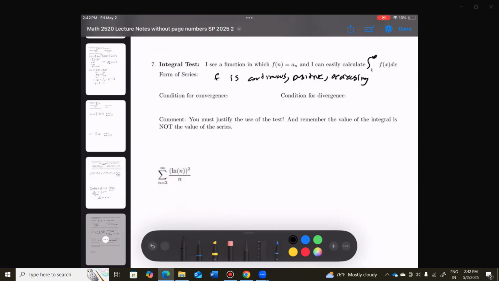So if the integral from k to infinity of f of x dx is convergent, then we have convergence. And if this integral is divergent, then we have divergence.